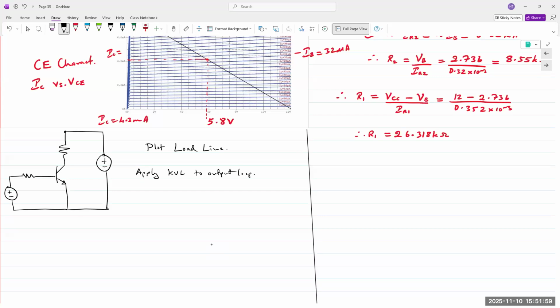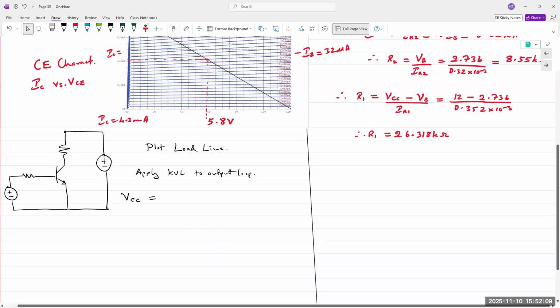On the output side, you have 1 voltage, VCC. We varied VCC from 0 to 16 volts. Sorry, not 0 to 16. That was to obtain the characteristics.